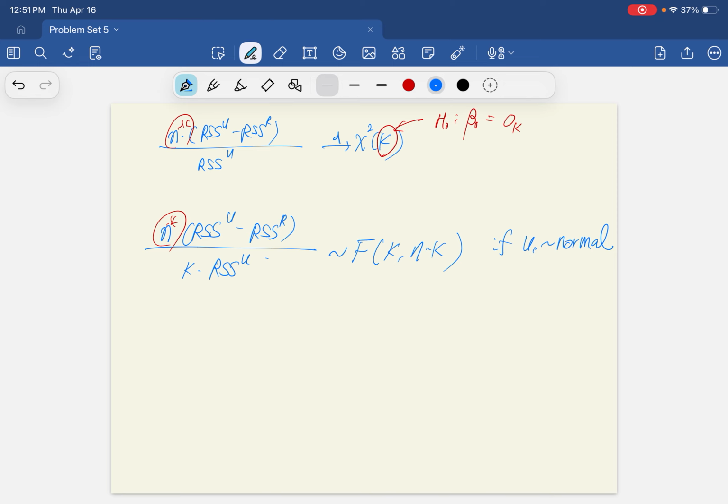But as you know, n minus k over n is converging to 1. So in the end, the ratio is nearly 1, right? Anyhow, we are going to use the limit as an approximation. So it does not matter if n is large enough, since n minus k over n is 1.